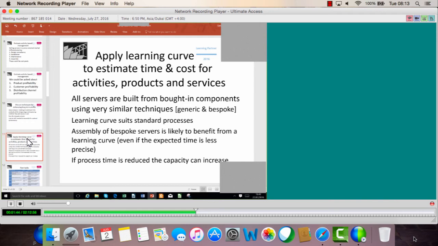Now, the server assembly would suit a learning curve scenario.